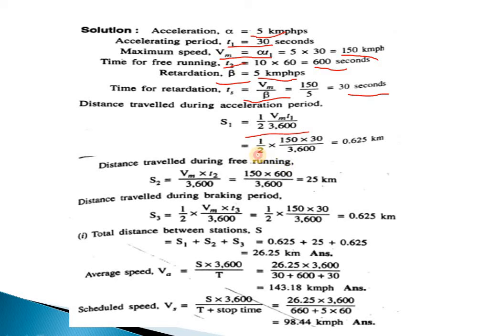Half into Vm, which we calculated as 150, into T1, which is given as 30, divided by 3600, gives 0.65 km. Next, the distance traveled during free running, S2 equals Vm into T2 divided by 3600, that is 150 into 600 divided by 3600 equals 25 km.